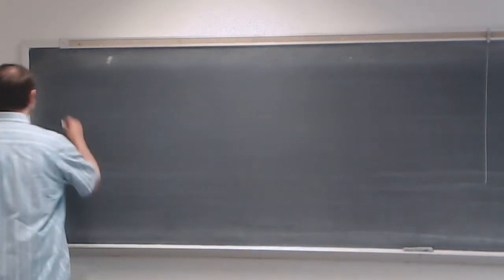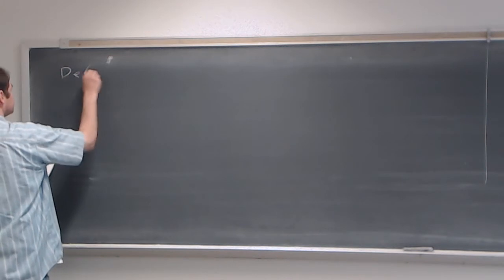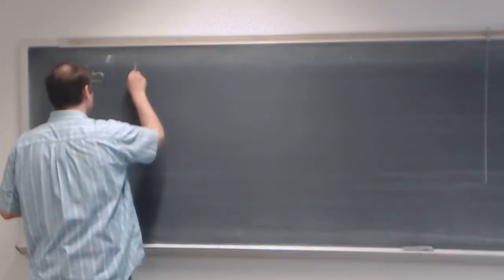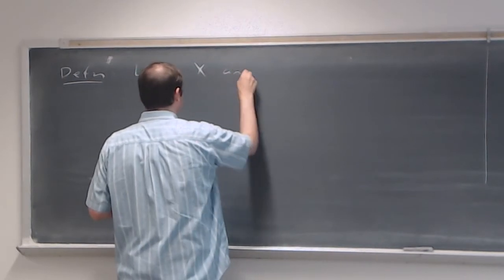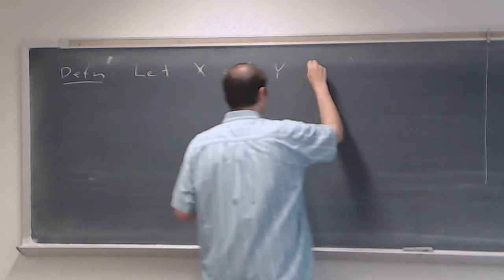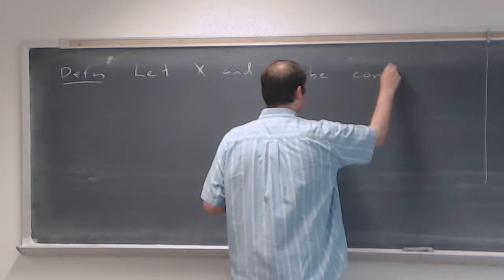So let's start there. It's a definition. Let x and y be continuous random variables.